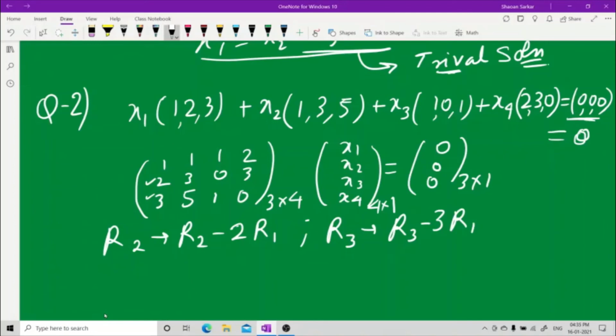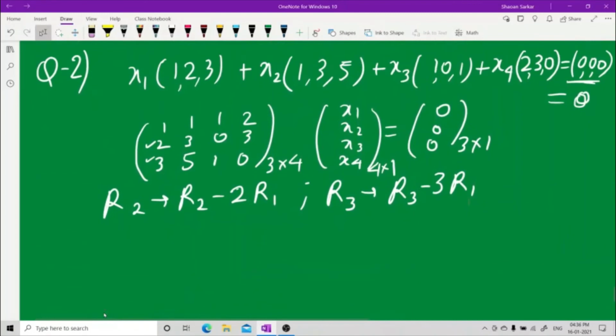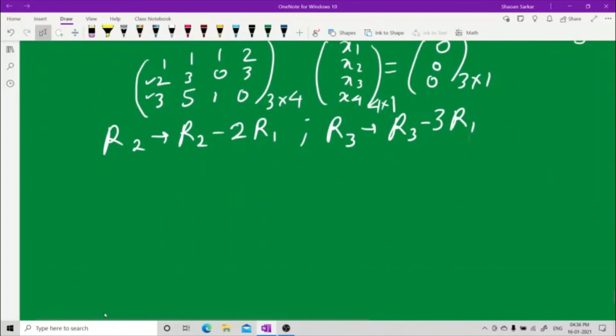Now what you get is, let me scroll down a little bit. You will get 1, 1, 1, 2. Then 2 minus 2 is 0, 3 minus 2 is 1, 0 minus 2 is minus 2, 3 minus 4 is minus 1.